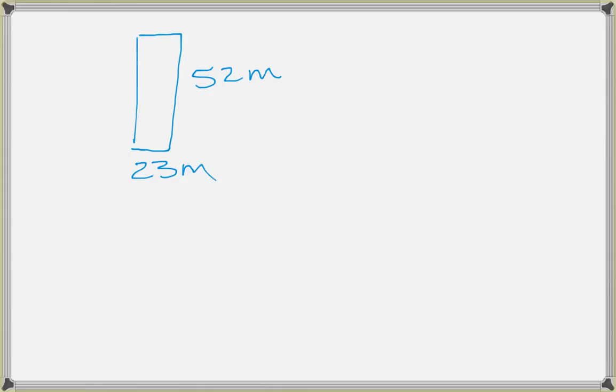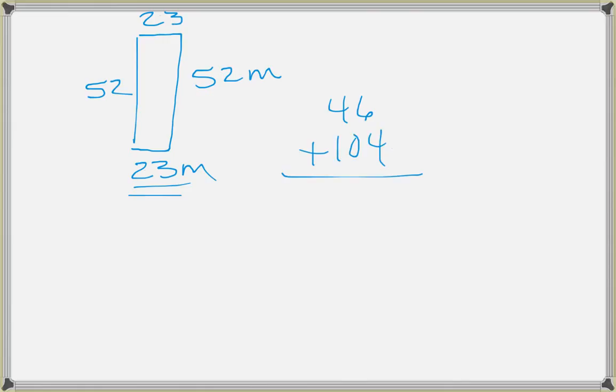And you can assume that if this bottom is 23, then this one is 23, and this one is 52, and you just add those up. 23 plus 23 is 46, plus 52 plus 52 is 104, so 46 and 104 is 150 meters, and that would be my perimeter. So you're just adding those things up. That's all you're doing for perimeter.